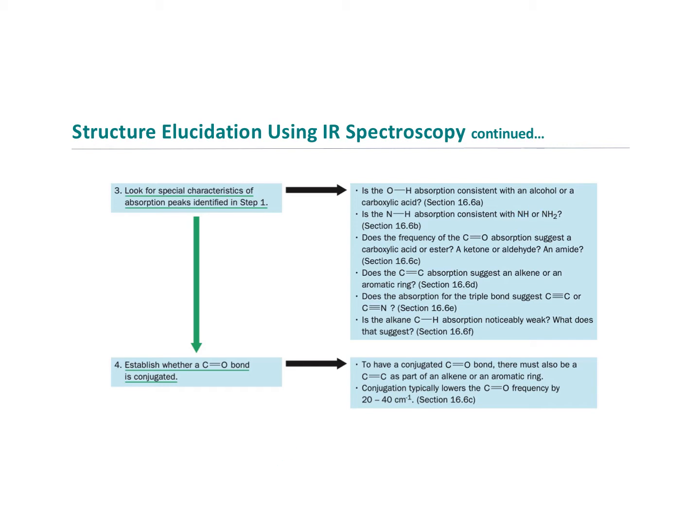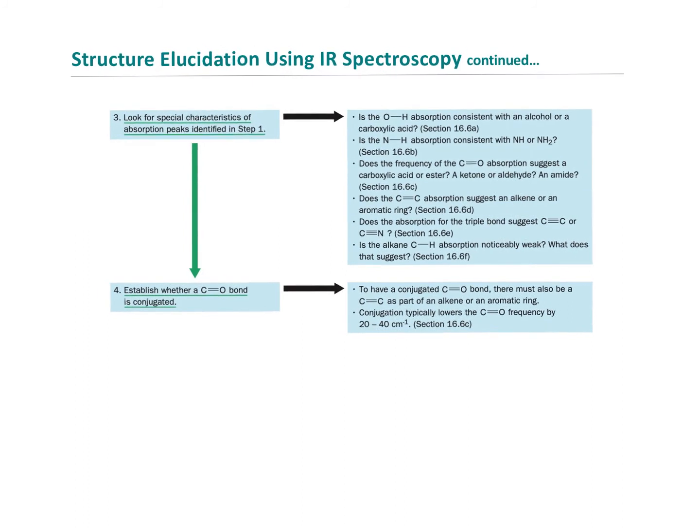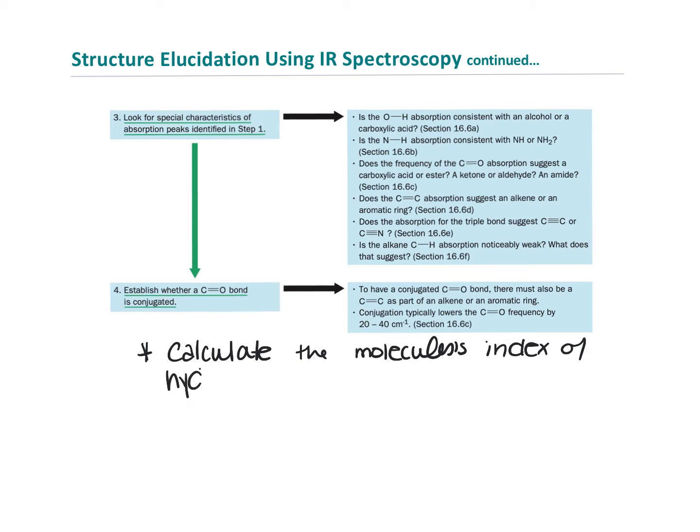Another helpful thing that we are going to use here is the IHD number. So if you're given the molecular formula, you need to calculate the molecule's index of hydrogen deficiency.